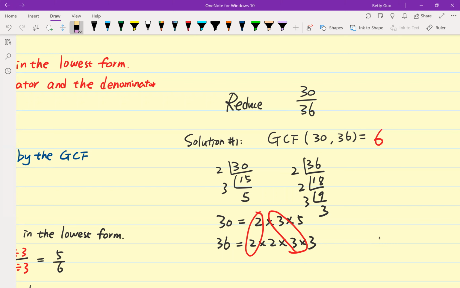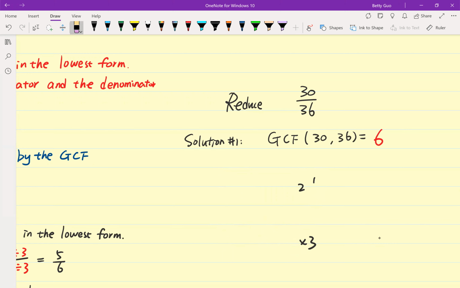So once we found the GCF for the two numbers, the numerator and the denominator, we can simplify this fraction by applying the division property of the fractions. So we're going to divide both top and bottom.